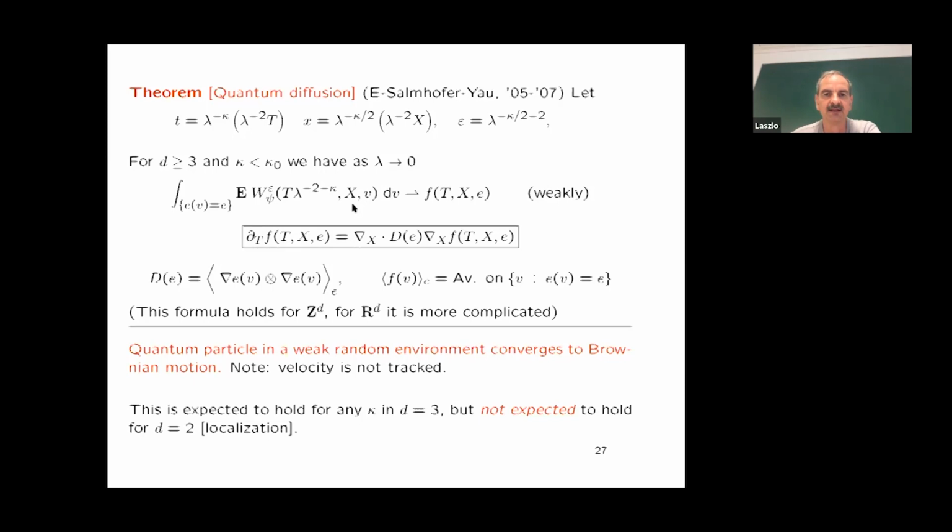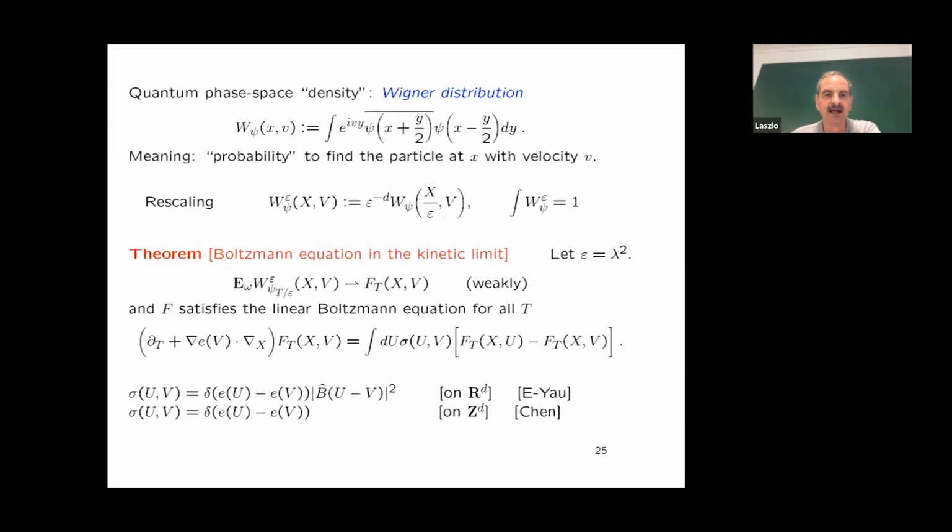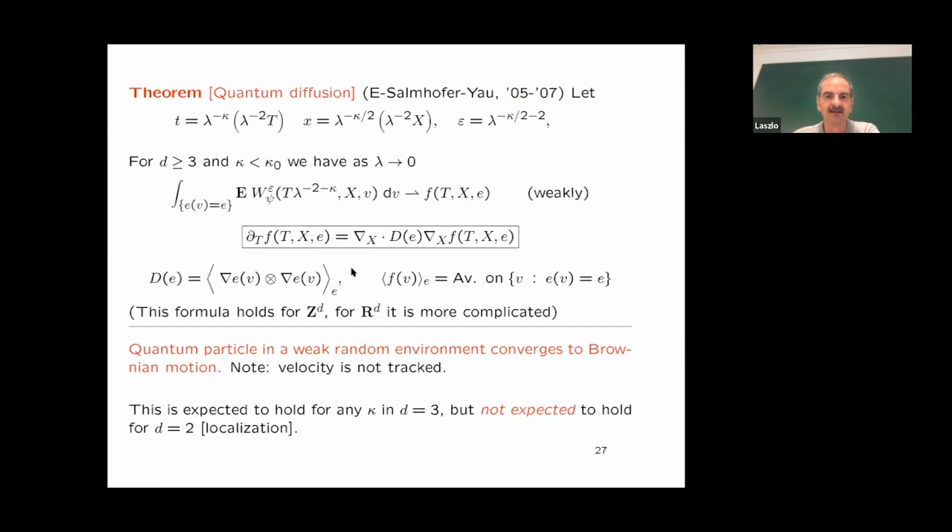The Boltzmann equation can keep track of both position and velocity. Let me go back if I can for a minute. So the Boltzmann equation is on x and v, on the phase space. But the diffusion cannot keep track of the velocity. The Brownian motion has no velocity. So when you describe a diffusion, you don't expect that the velocity can be detected or kept track of.